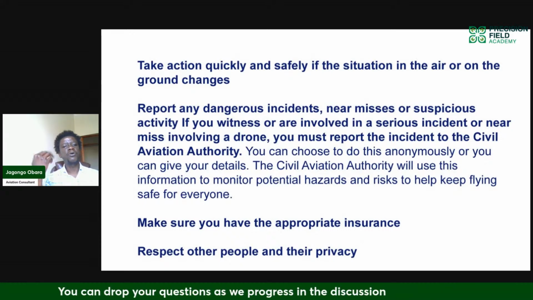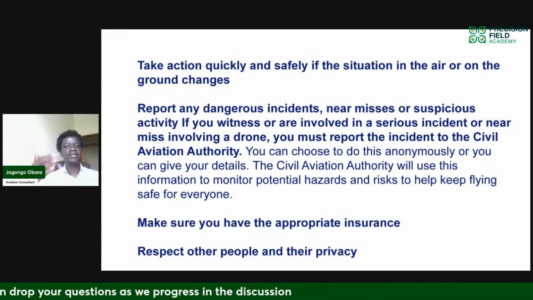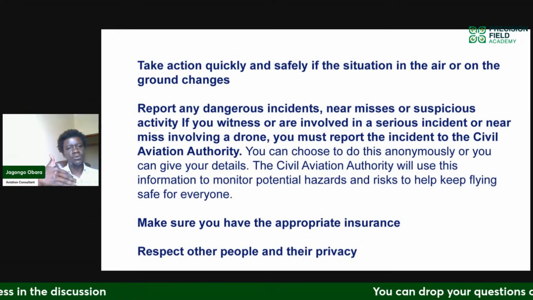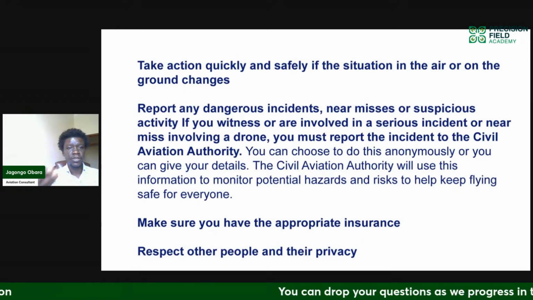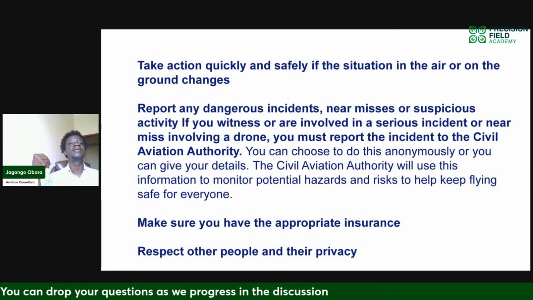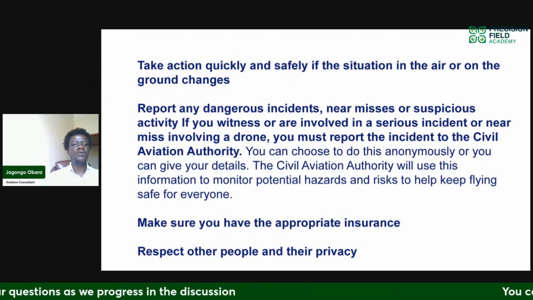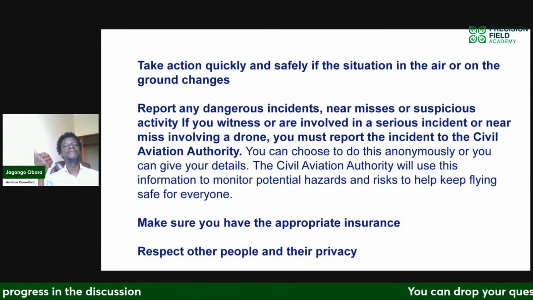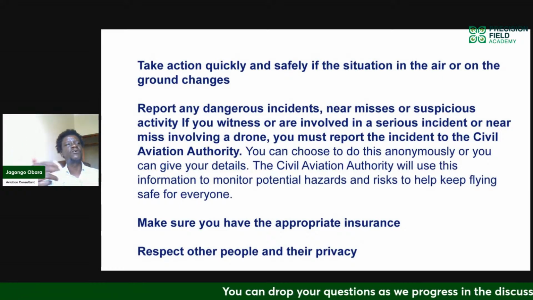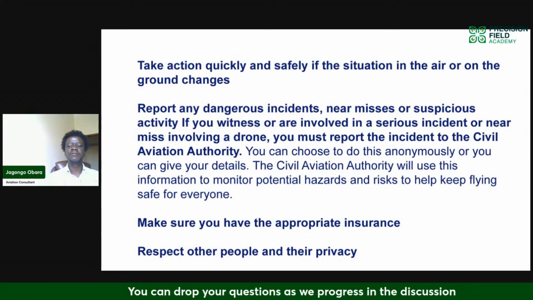They want to understand how did this incident happen, so that they can either use that information to guide you on how to avoid it in the next flight, or they can use this information as well to guide other pilots around and notify them that, hey, this incident happened with Clifford, and probably it is a faulty aircraft. Do not use this aircraft, or if you're using this aircraft, take certain precautions.